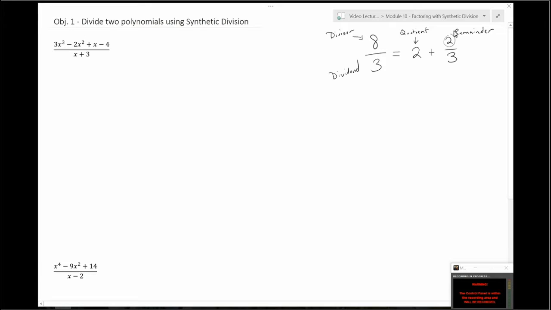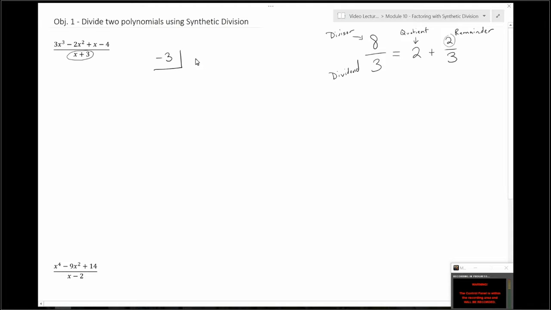So our idea for synthetic division is to do this kind of division with polynomials. And how we do that is we're going to convert this polynomial we're dividing by into a number. And we're going to choose that number to be what makes it 0. So this is that number associated with the polynomial.